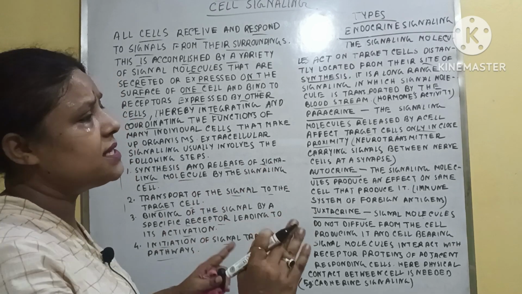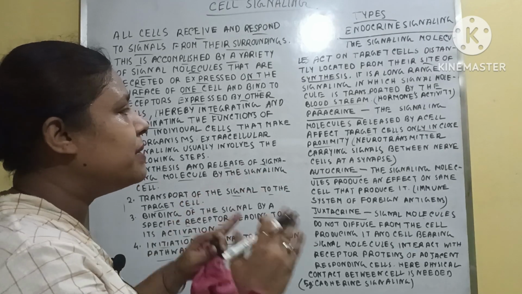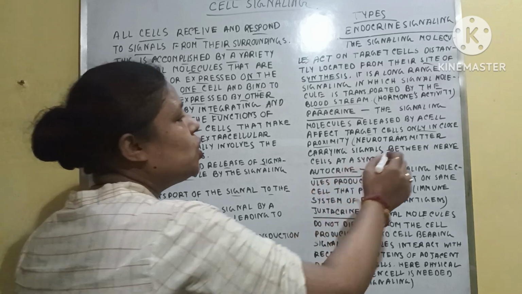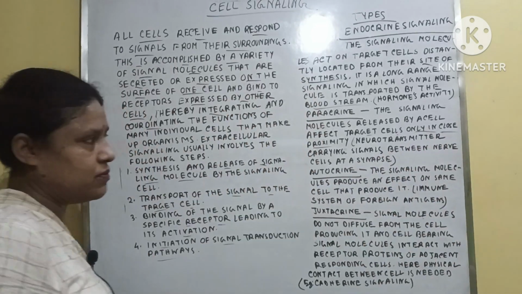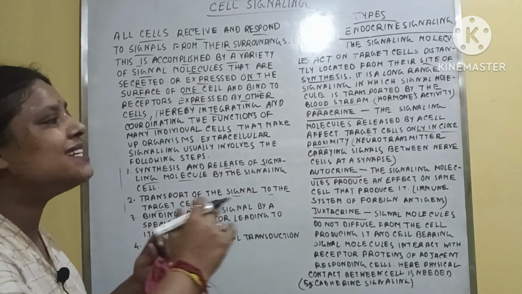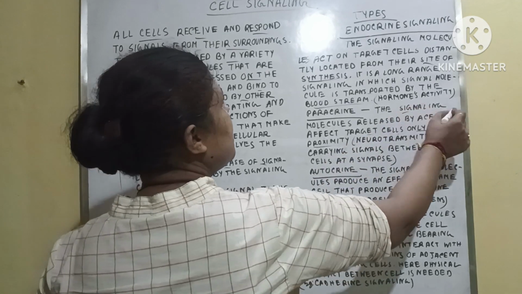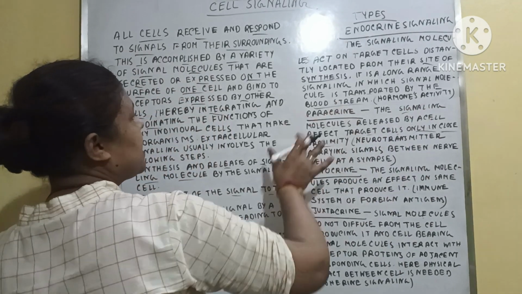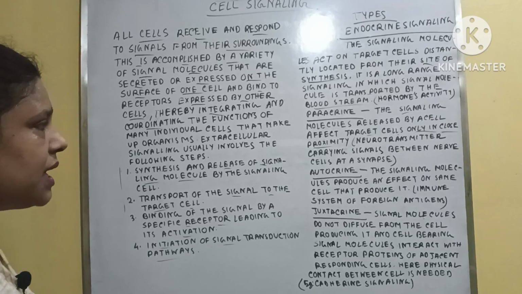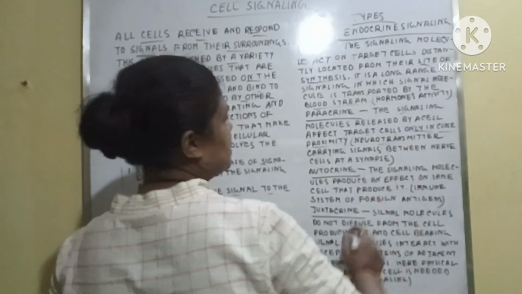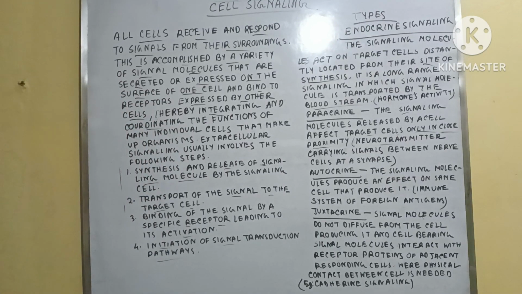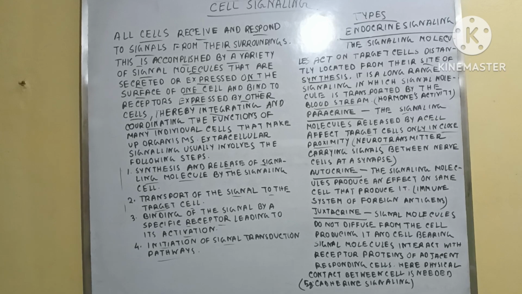Here the two cells are not attached but they remain closely located. So the signaling occurring here is called paracrine signaling, and an example is the neurotransmitter, which carries the signals between nerve cells at a synapse.